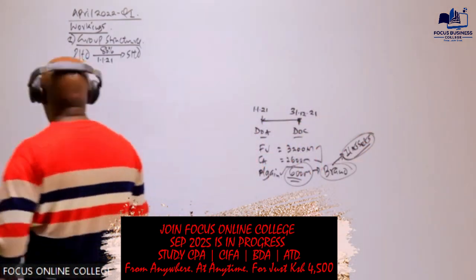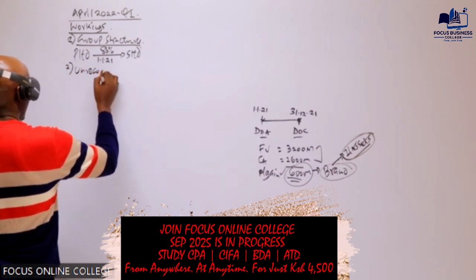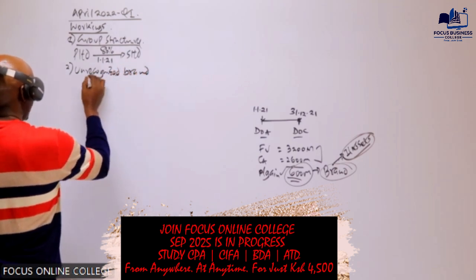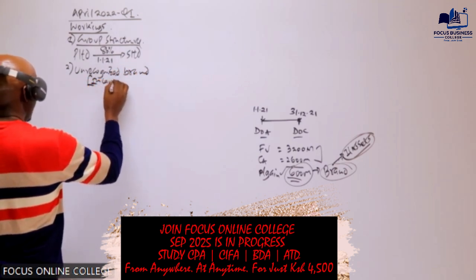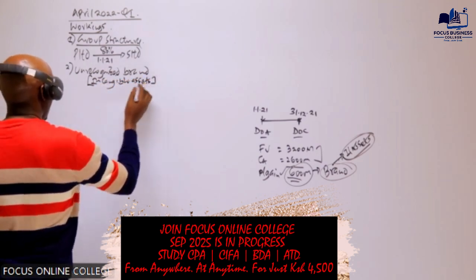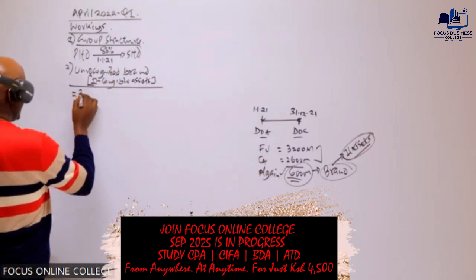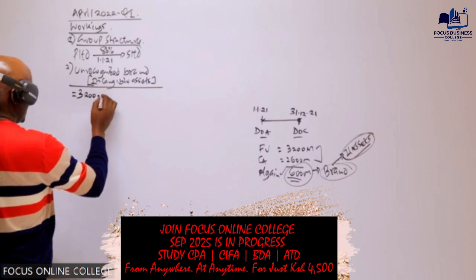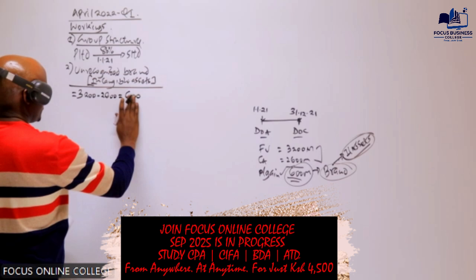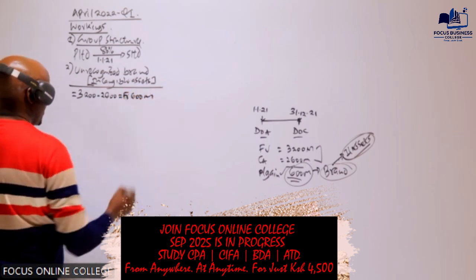So what is the value for the brand? The unrecognized brand is a form of an intangible asset. The value for this brand will be the difference here: 3,200 million franc minus 2,600, which is 600 million franc.